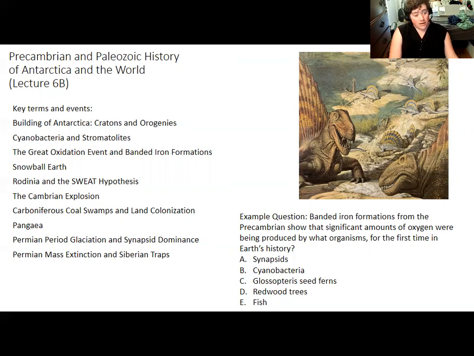During much of the pre-Cambrian era, before the Cambrian Explosion, the continents were connected as another supercontinent called Rodinia, and during that period, it's believed that Antarctica was actually attached to southwestern North America because we have similar rocks in both places from the same era. And that's the foundation for the SWEAT hypothesis, or the Southwest America is attached to East Antarctica hypothesis.